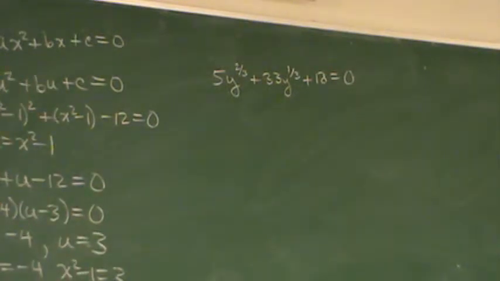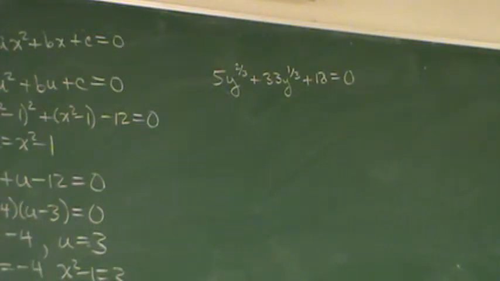Which by nobody's imagination is a polynomial. Remember, polynomials have what? Nice numbers for exponents, yes? When you start seeing exponents like 2/3 and 1/3, it's not a polynomial. You with me? Okay, but this thing is quadratic in form, and that's why they put them in this unit.